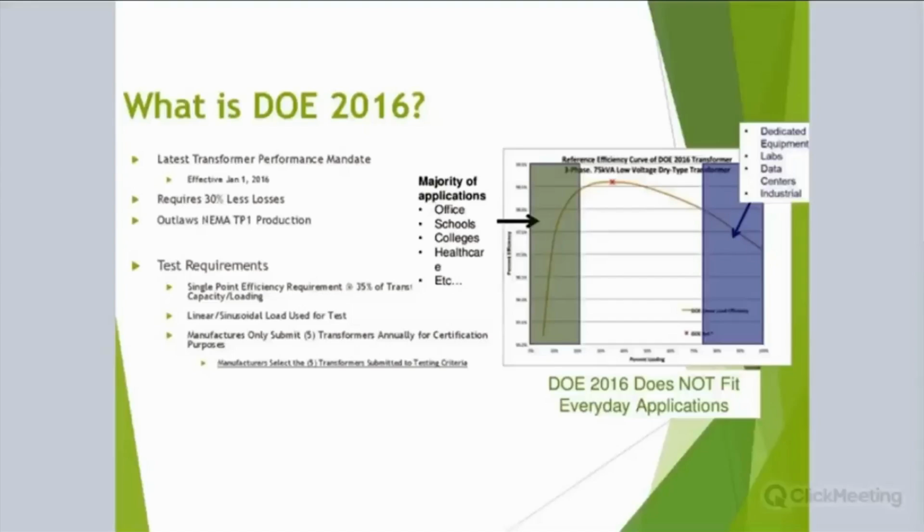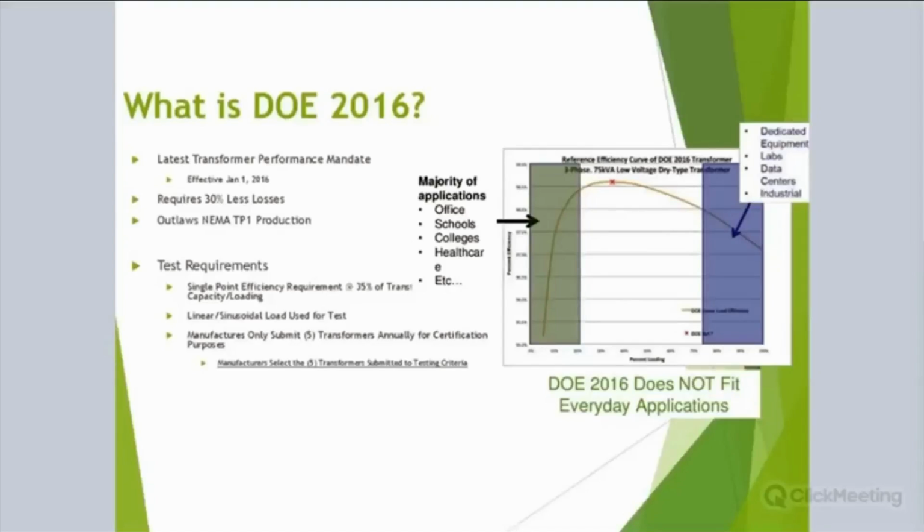The other test requirement, as I said, is the linear load test. We know now that virtually every application for a transformer has what's called nonlinear load or electronic load. That affects the efficiency of the transformer in a negative manner. So as you add nonlinear load to a transformer, you also lose efficiency.